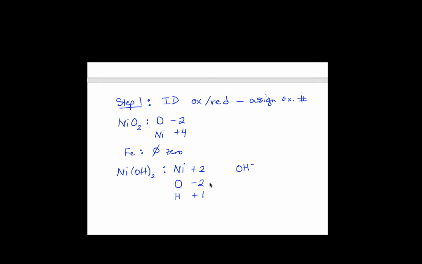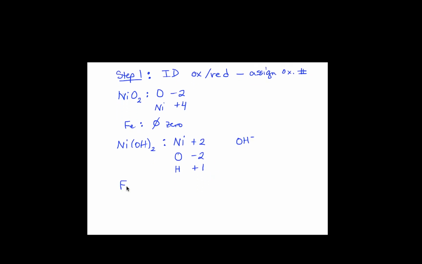And you can notice that -2 + 1 will equal -1. And the iron hydroxide looks exactly the same as the nickel. Where we have oxygen as -2 and hydrogen as +1.